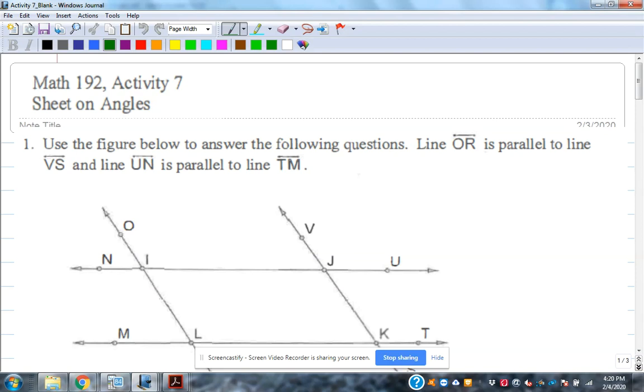Let's talk about all the different types of angles that are created when lines intersect, especially parallel lines. So we have corresponding angles, alternate exterior angles, and then corresponding interior angles. All of these things exist when we're talking about parallel lines and angle relationships.